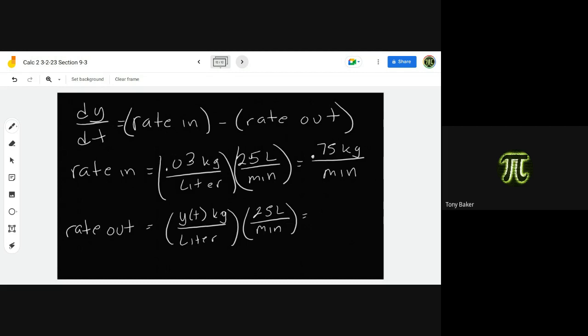Oh, sorry, over 5,000 liters, because I know how much water is in the tank. So this ends up being y of t kilograms over 200 minutes.